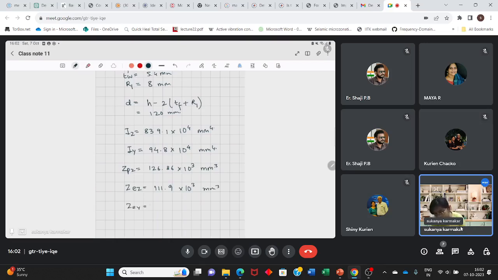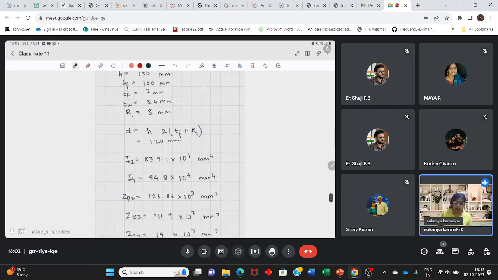ZEY is equal to 19.2 into 10 to the power 3 mm cubed.